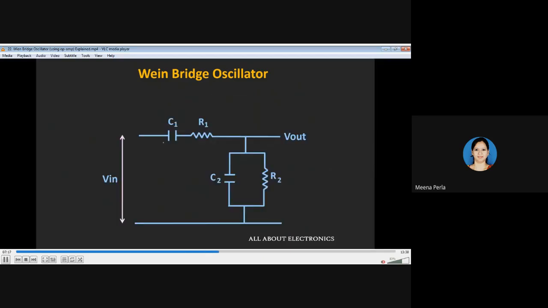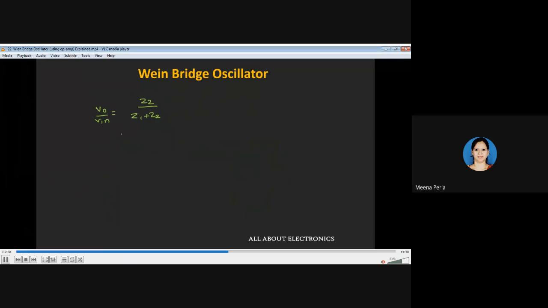For the derivation, let us assume the impedance of this series RC network is Z1 and the impedance of this parallel network is Z2. For this RC network, the output voltage Vout can be given as Z2 by Z1 plus Z2 times the input voltage, or Vout by Vin is equal to Z2 by Z1 plus Z2.